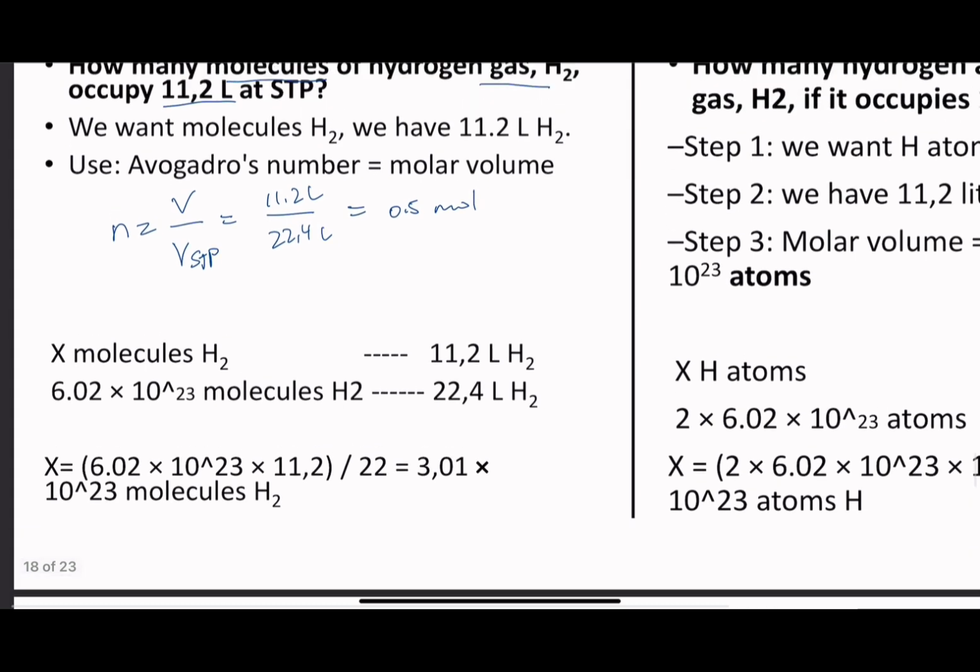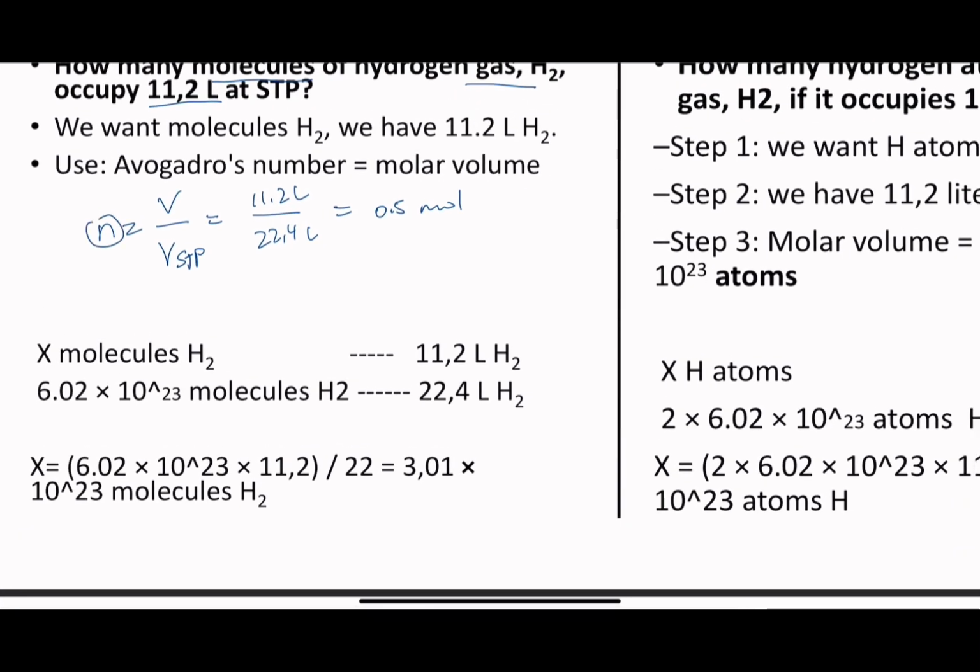Okay, and then once you have this mole, you have the formula of n equal to N over Na, right? Because it is asking you for the capital N, and you always have the Na value. It is given to us.